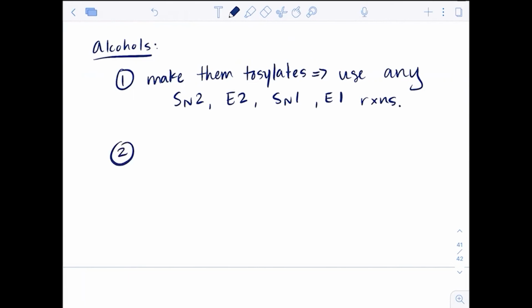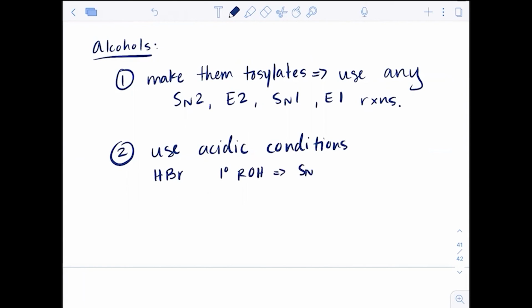The other option is to use acidic conditions. If we do that, things like HBr, a primary alcohol will undergo SN2, a secondary or a tertiary alcohol will undergo SN1.